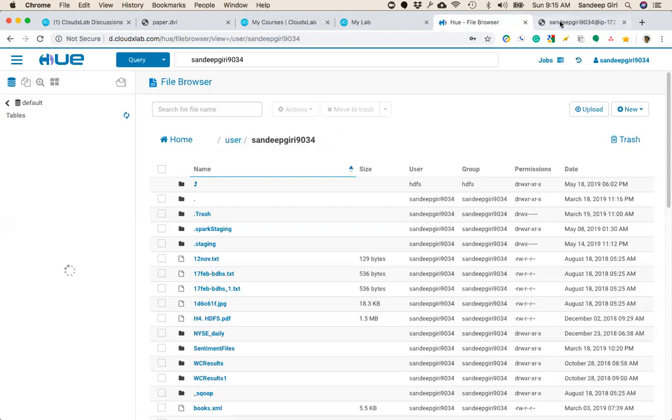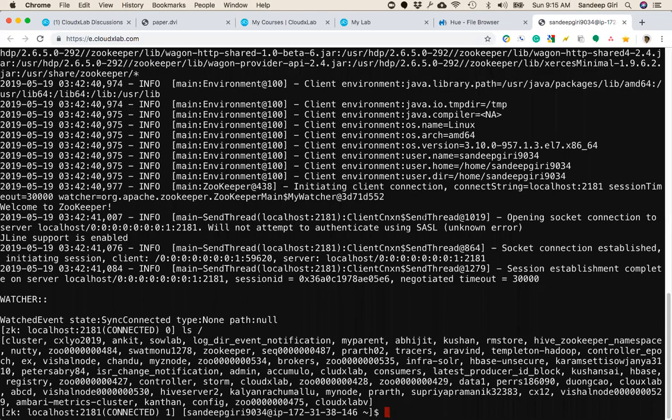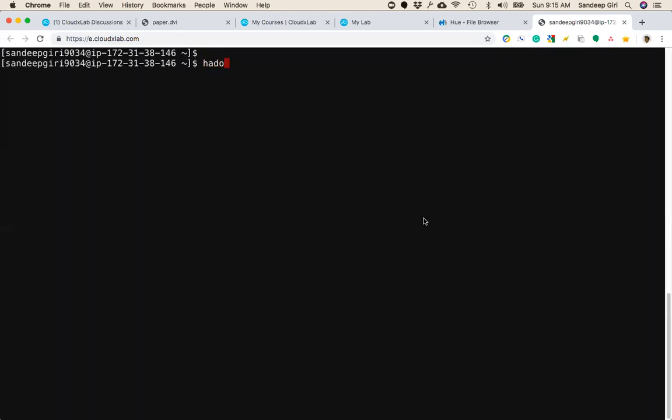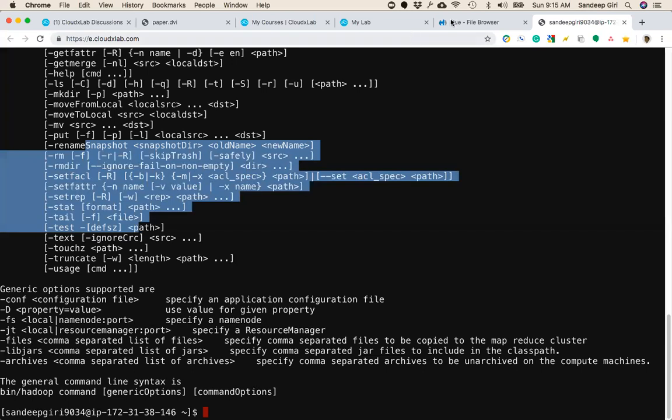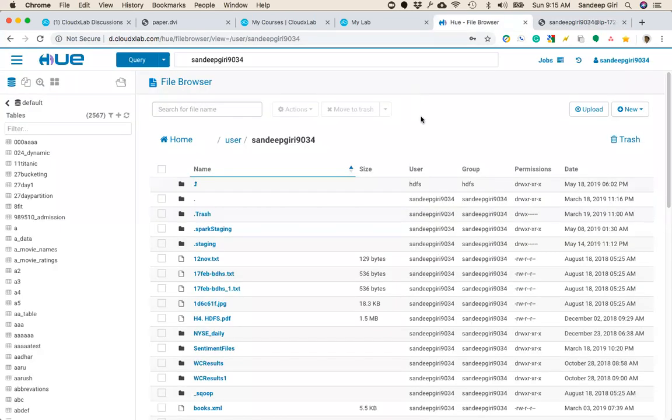In case you are a fan of the command line, you can use a command called hadoop fs to talk to the Hadoop file system. Take a look at these various commands. All right. So this way we can interact with the file system. We can download and upload. The important part to notice is that these files are not necessarily stored on the same computer.